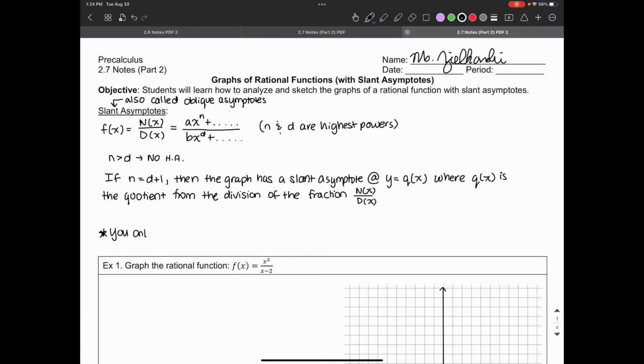So you only need to check for a slant asymptote if there is no horizontal asymptote, or n is greater than d. The highest power in the numerator is greater than the highest power in the denominator.